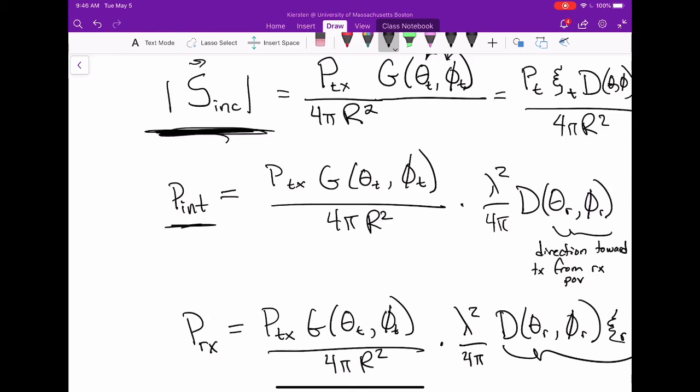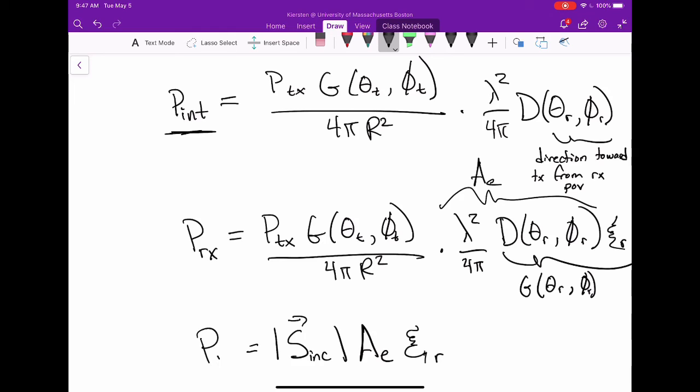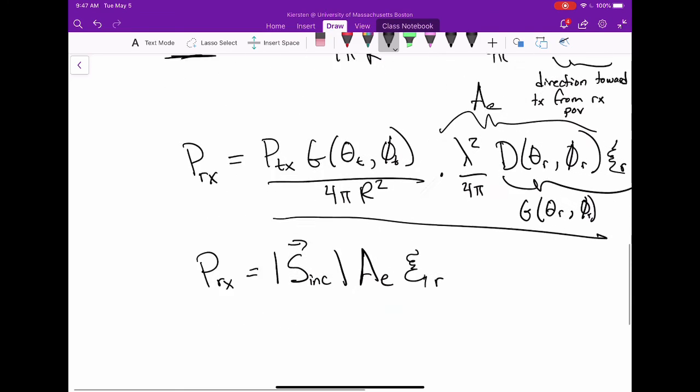Now this could be collapsed down into the gain of the receiver. That would be fine too. But I wanted to leave lambda squared times directivity over 4 pi because that's effective area. So you could write this as S incident times effective area times efficiency of the receiver. Or you could write it all out in terms of its component parts.